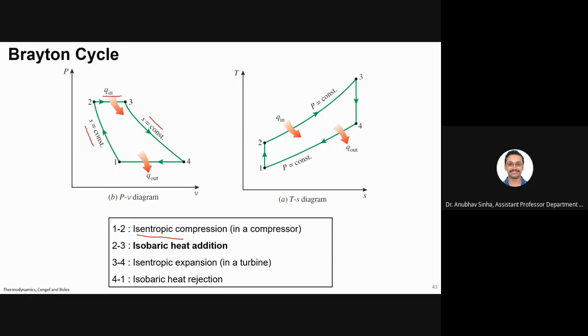Then we have isobaric, constant pressure heat addition, which is similar to what we have done in the diesel cycle. Now we have isentropic expansion, similar to what we have seen in the diesel and petrol cycles, 3 to 4. The last step is isobaric heat rejection, so the heat is rejected at constant pressure.